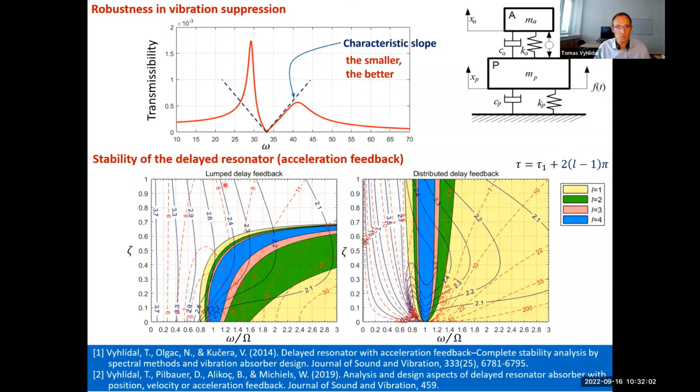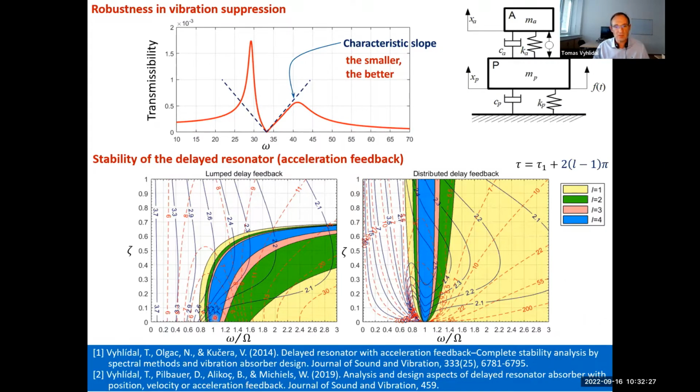This is shown for delayed acceleration feedback, and here we also found out how it looks for distributed delay feedback. In the paper with Vyhlidal and also Baran Alikoch, you can find similar maps for velocity and position feedback.